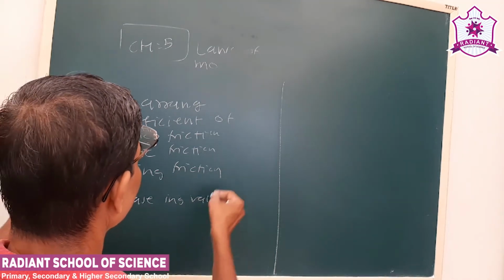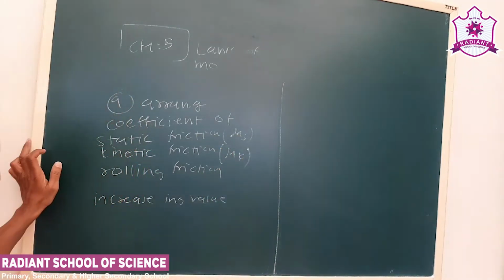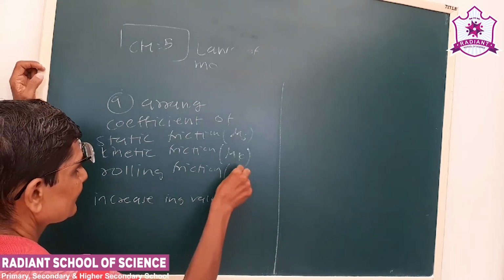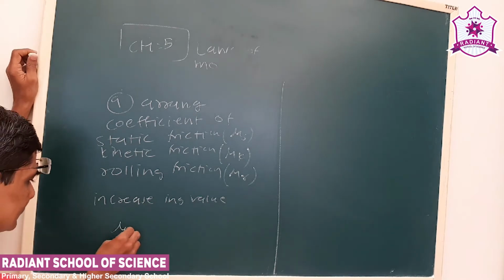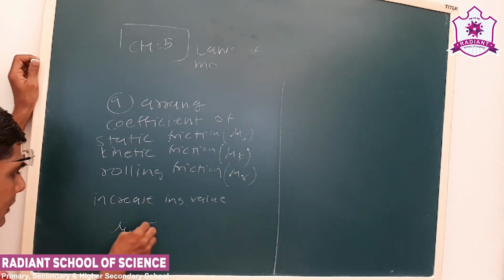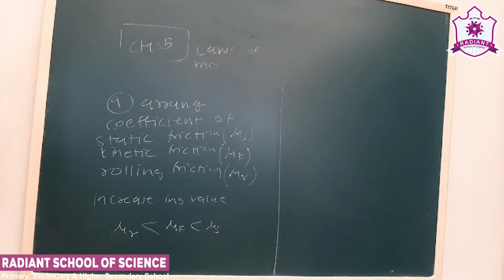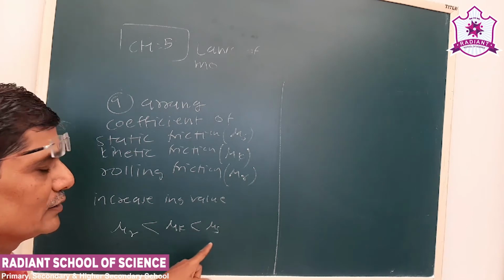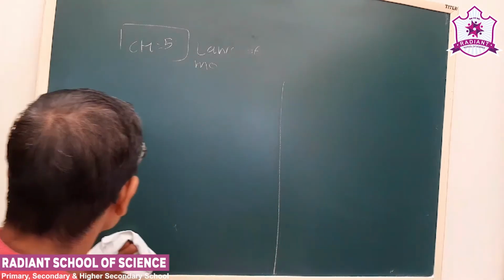Now see, the coefficient of static friction is mu s, kinetic friction is mu k, and mu r. See, we have to arrange in the increasing value. Now we know the coefficient of rolling friction is the least value, so we can say mu r will be less than mu k. Okay. So this will be the lowest value and this will be the largest value. Now see the next MCQ.